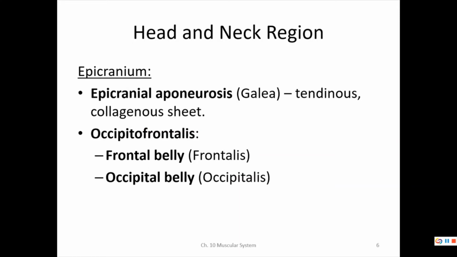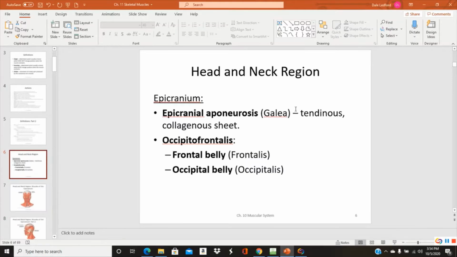Starting off with the epicranial aponeurosis, some people call it the galea aponeurotica, if you like Latin, it's the tendinous collagenous sheet. Then we're going to see the occipitofrontalis made up of a frontal belly called the frontalis and the occipital belly called the occipitalis. So let's go and look at a model.